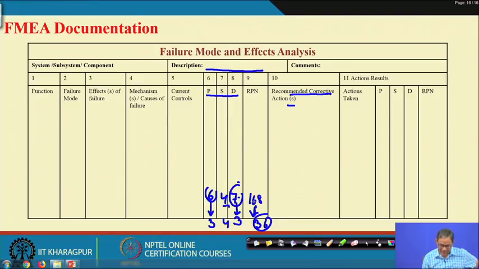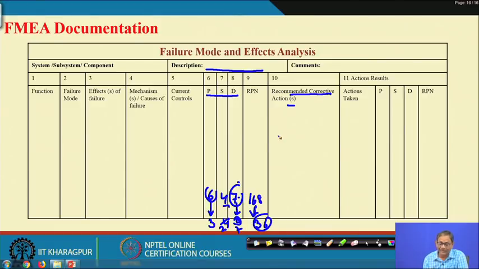You focus on where the value is high, that there is the possibility for improving. If you find that there is no possibility that the detectability can be improved, then it will remain 7. Then it may be possible that probability 3 and maybe severity can be finally reduced to 2, something like this. So, by recommended action we mean preventive and mitigative.